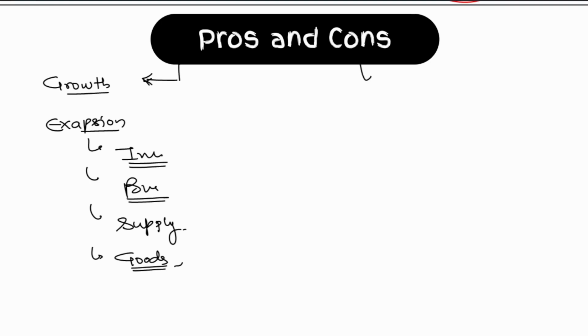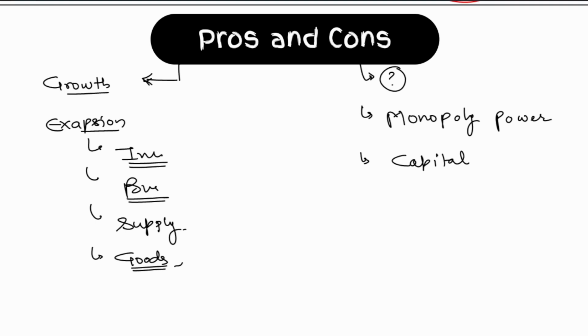But what are the cons now? There must be some cons also. One con is monopoly power, and monopoly power of capital relative to labor. There is more power in capital than in labor.